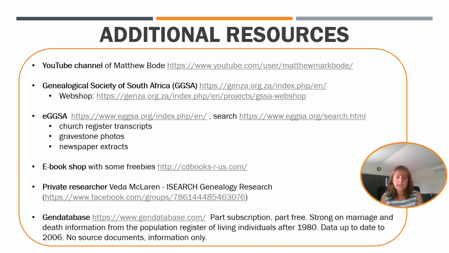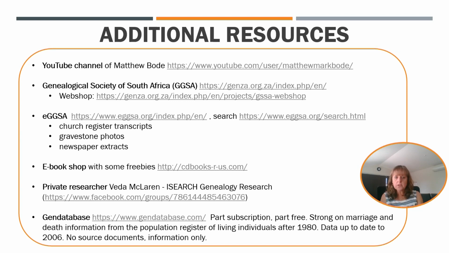Then eGGSA. eGGSA is the online branch of the Genealogical Society of South Africa, and it's also the organization I've mentioned in one of the previous slides, where you order archive documents. But their website has a search engine and contains church register transcripts. It contains thousands of gravestone photos and some newspaper extracts.